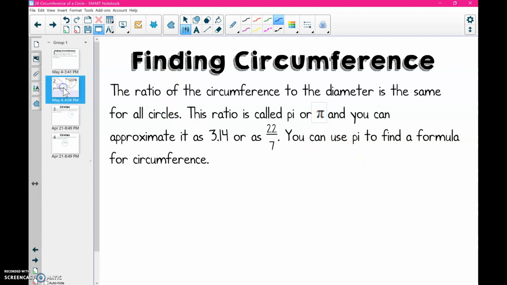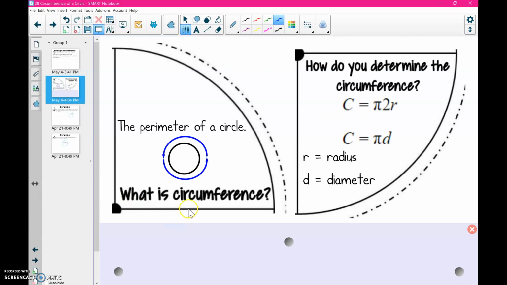I want to give you a quick reminder of that. When we say circumference, it's really just the perimeter of a circle, right? It is still perimeter, but because it's round versus straight lines like some of our other shapes, that's why we call it circumference, to differentiate that, okay? And then here were the formulas that were discussed in that video from yesterday. Now you can write this in whatever order you want because it's all multiplication.